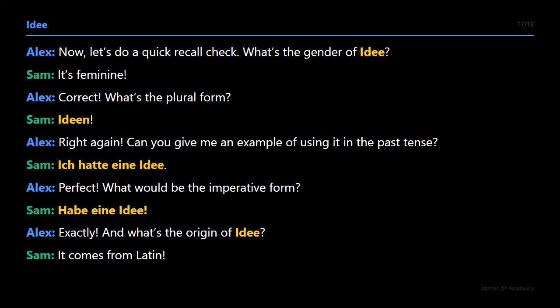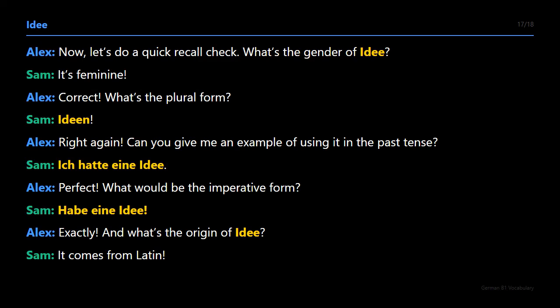Now, let's do a quick recall check. What's the gender of Idee? It's feminine. Correct. What's the plural form? Ideen. Right again. Can you give me an example of using it in the past tense?